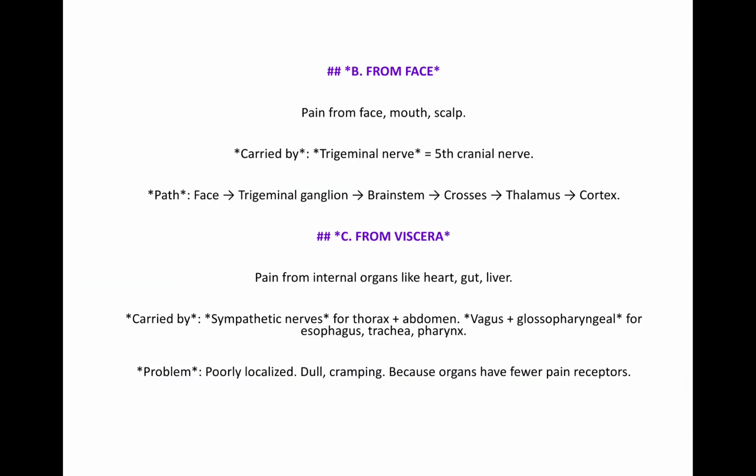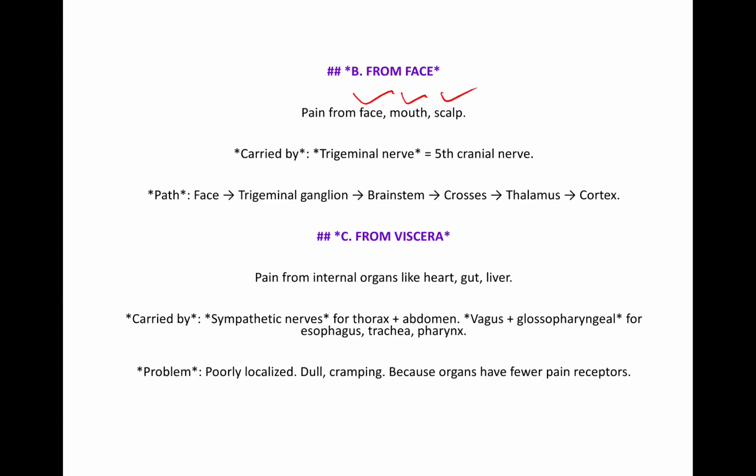Now, pain from the face, mouth and scalp is carried by the trigeminal nerve, which is the fifth cranial nerve, right? What is the pathway here? From the face, it will go to the trigeminal ganglion.